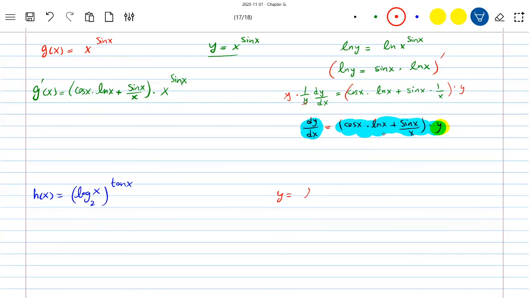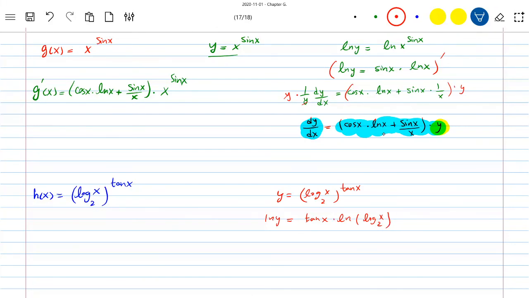So y would be equal to log x base 2 to the power tangent x. Then take an ln from both sides. Ln y equals, I've done this already, so I'm going to skip this step. Drag down the exponent as well, tangent x times ln of log x base 2.